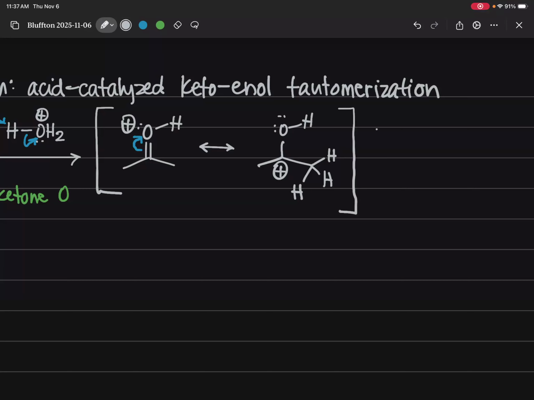And if we have a molecule of water hanging around, which we do because at the beginning we used H3O plus hydronium and we deprotonated that, that leaves us with water. Our water is going to deprotonate the alpha carbon.